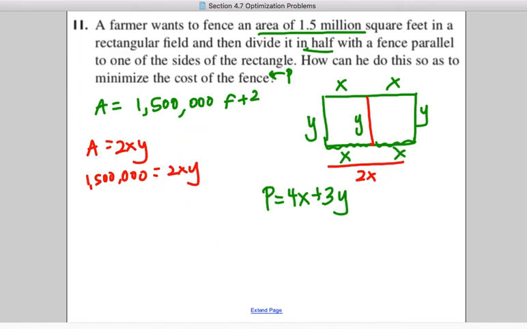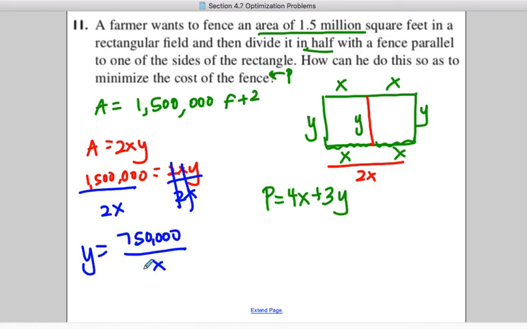Doesn't matter. I'm going to get y by itself. So y equals 1.5 million divided by 2x, which gives me 750,000 over x. So that's our y value. Now we're going to take that and plug it in for y.